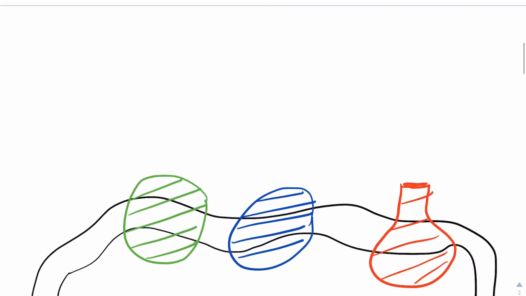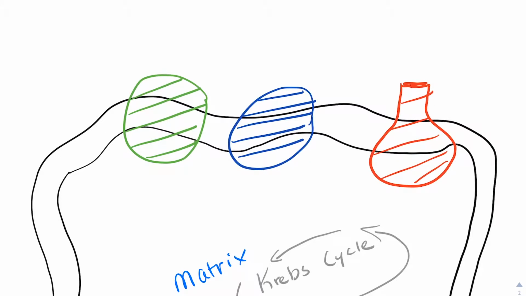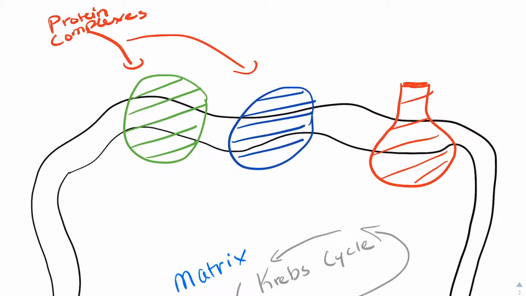Now, if we zoom into the matrix, we can see that there's these things right here called protein complexes. What's important about these things is they can carry an electrical charge down the gradient.